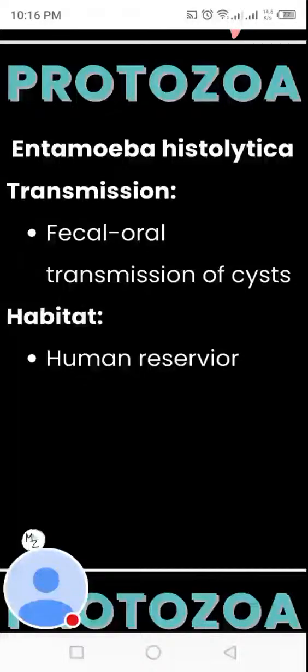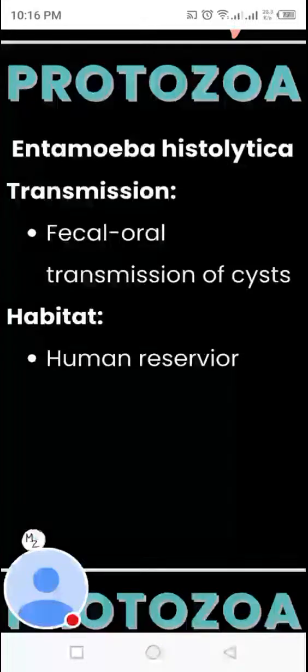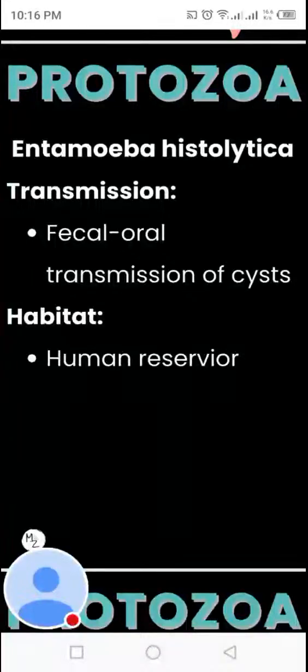If you want detail, you can watch that session, but for now, for understanding the life cycle, you can consider it as a home where a parasite is living, and it gets out of its home and moves somewhere else and causes infection in somebody else's house. So that's its host. Habitat is where it actually lives.